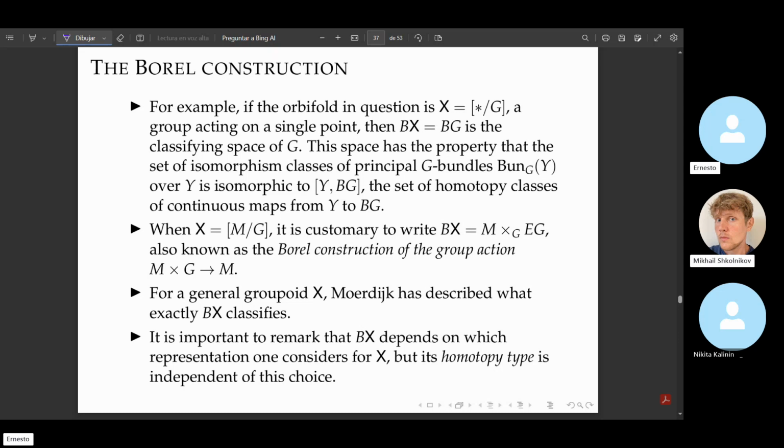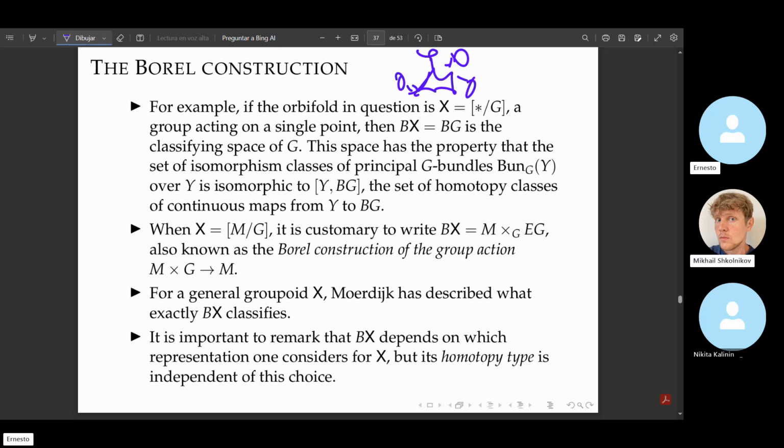And you would say, well, if I have a complicated orbifold with local charts, and then I change the atlas, and I do the classifying space of the different categories, I'm going to get a different thing. But the answer is no. You are going to get the same homotopy type. Changing the atlas is a particular case of equivalence of categories mentioned before by Misha.